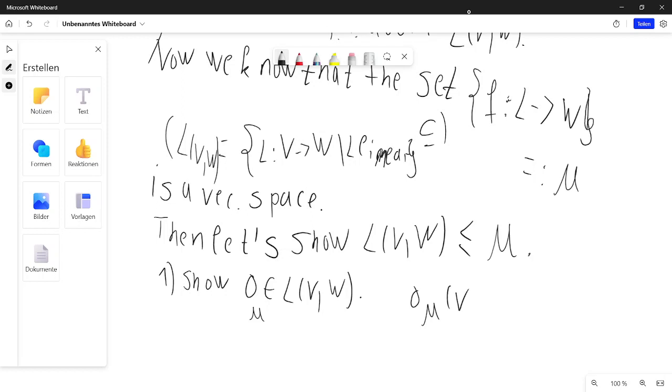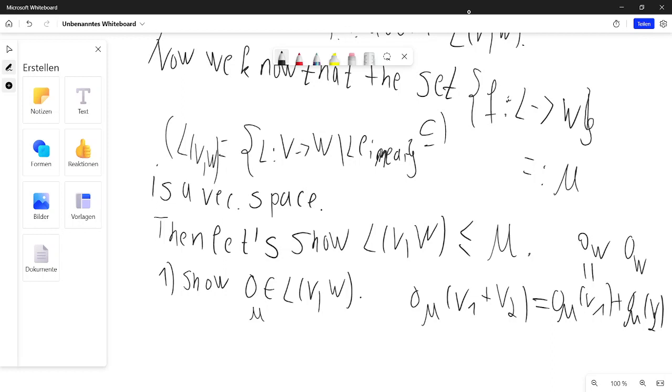So v1, v2. You recall that the 0 map was a special map that was just defined as 0, right? But okay, let me write it down quickly. And that was defined as being 0 in W, or here above 0 in our abstract vector space V, right?